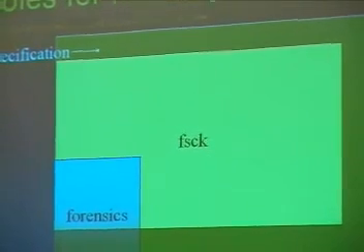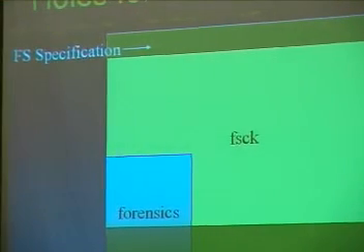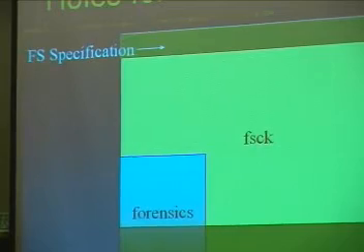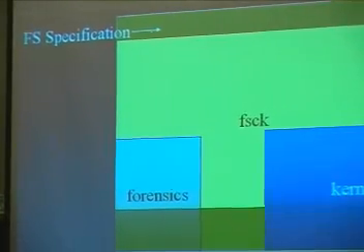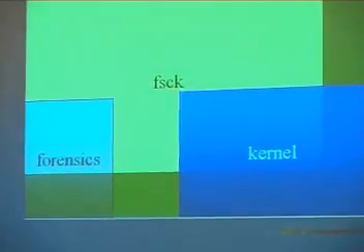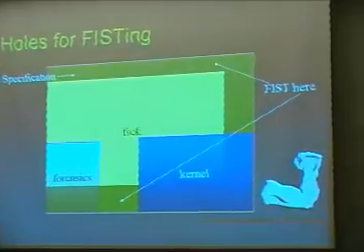We would then have a forensics tool, which would implement some portion of what FSCK does, and also some additional stuff, for instance, looking at deleted data. And then we would have the kernel, which will once again implement a portion of what FSCK does, but also some additional stuff, such as the ability to allocate inodes or data blocks or modify the file system during runtime. But as you can probably notice, there are holes. You can fist these holes.